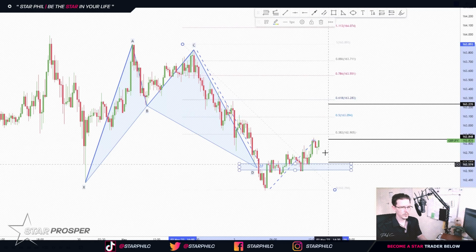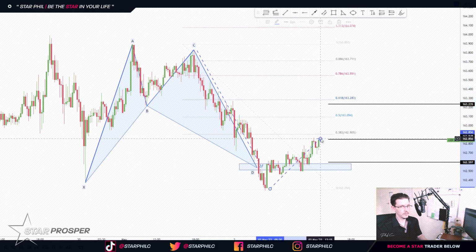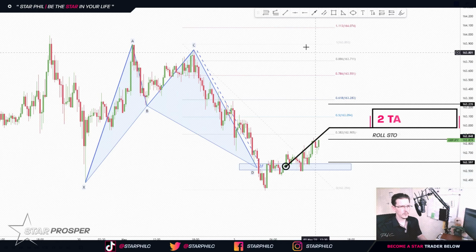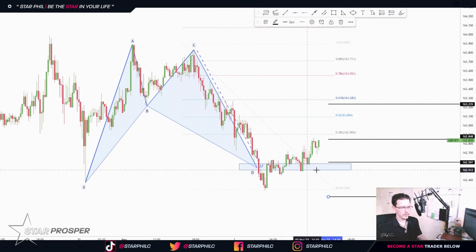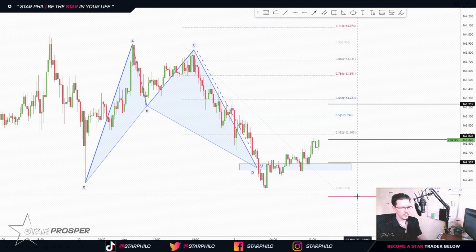And then once price action hits target, if it hits target, if then syntax, then we roll our stops into break even. So we had our stops initially below the X point looking left. So make that red right here.